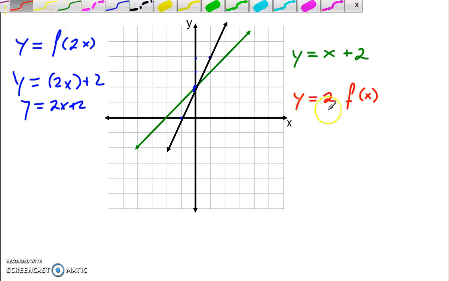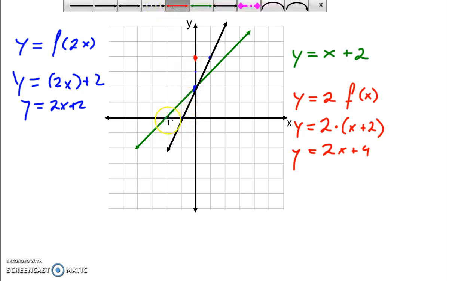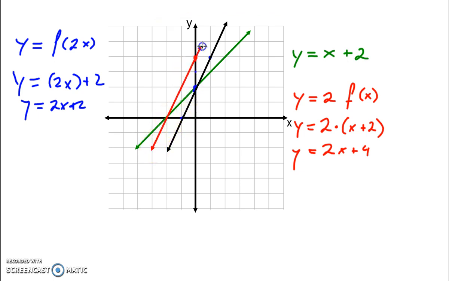If we have the multiplication out here, then we have y equals 2 times x plus 2. That gives me 2x plus 4. So now my y-intercept is 4, and the slope is 2, up 2 over 1, and that would look like this.